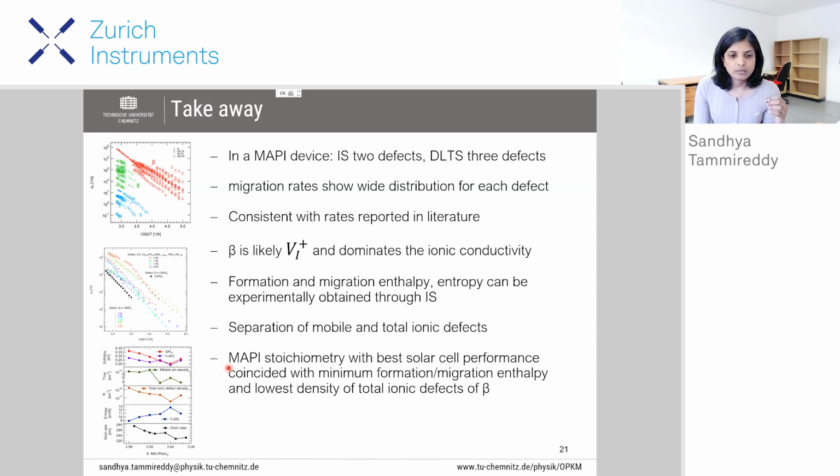And for the highest efficiency device, it seems that you have less total ionic defects and the smallest formation migration enthalpies. And under the assumption that the ionic defects are also forming at the grain boundaries, we can say that they're also migrating at the boundaries, which in this theory is a work in progress, but seems positive that we are in the right direction.